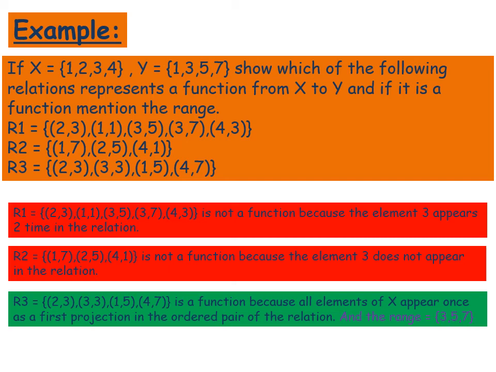And the range is the set of the second projections of the ordered pairs of the function. So the range equals {3, 5, 7}. I think it's so easy.